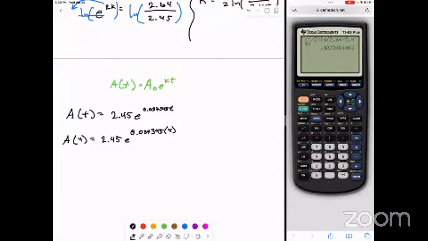So I'm just going to put it in manually. 2.45 times E to the power of 0.037345 times 4. Okay. So then we got that result.